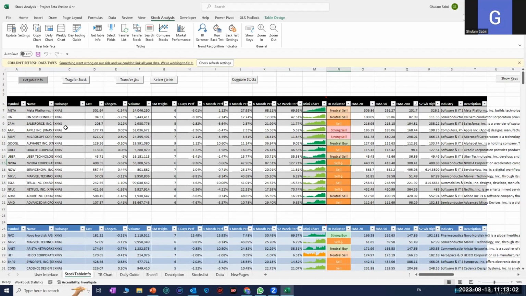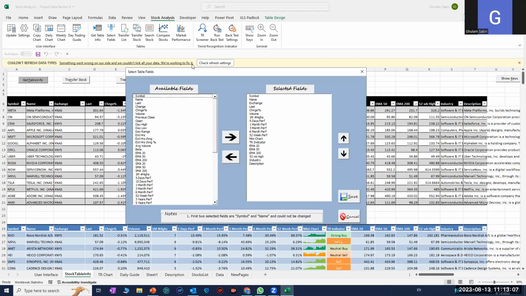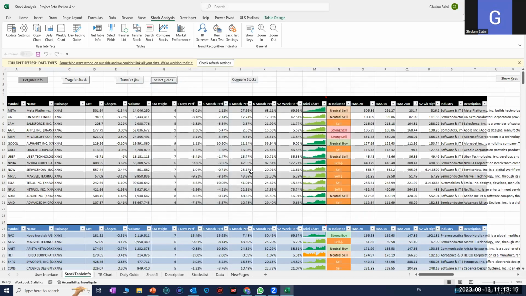And you're not limited to only these fields. You can compare from almost 50 different indicators given here, and you can select the ones shown here, so that you can have moving averages, industry description, and other parameters as well.